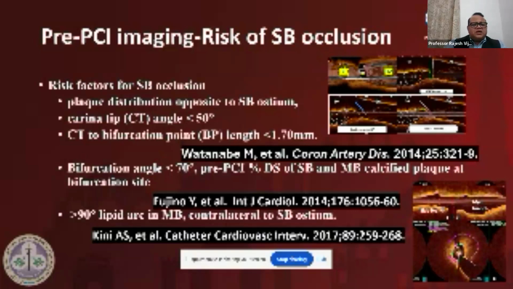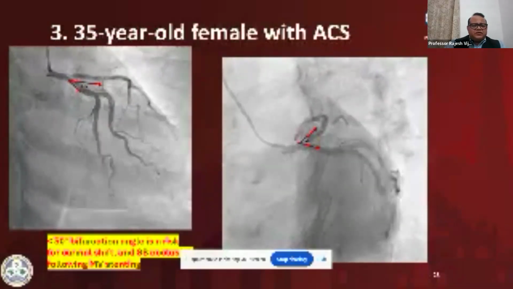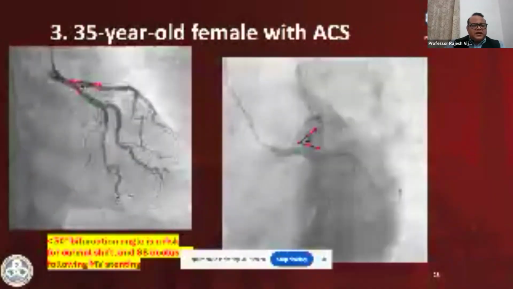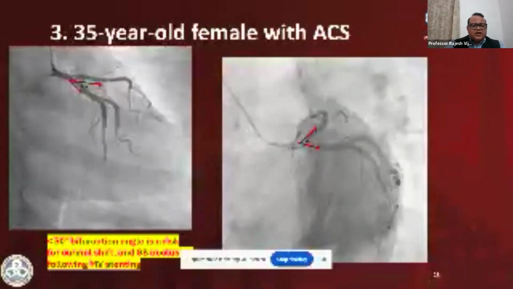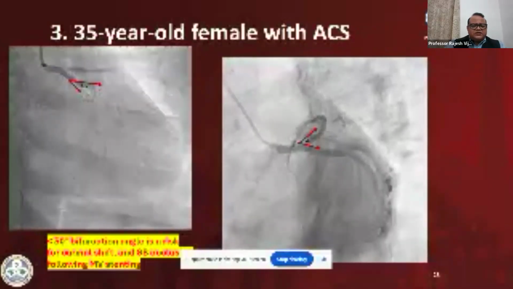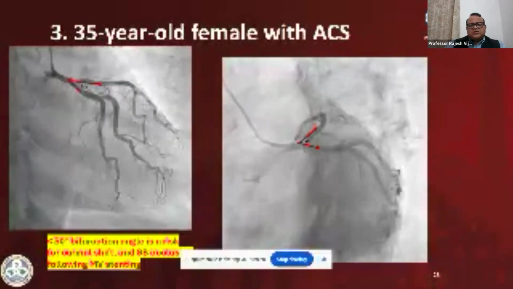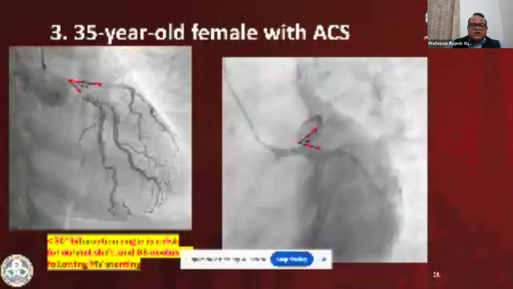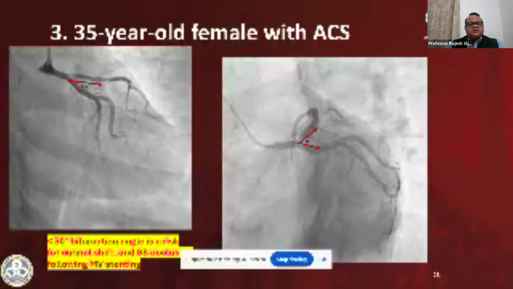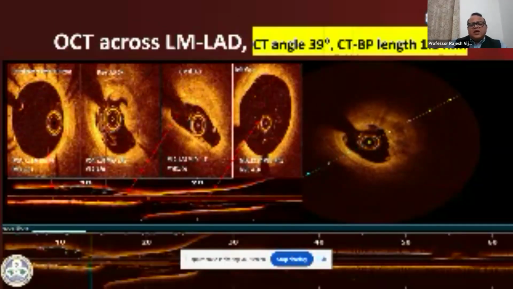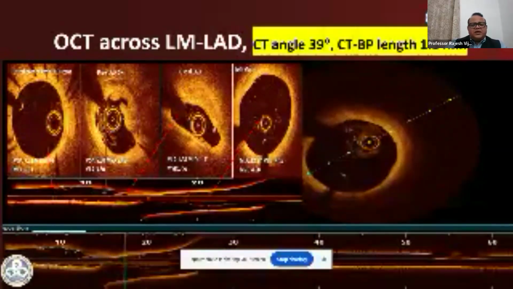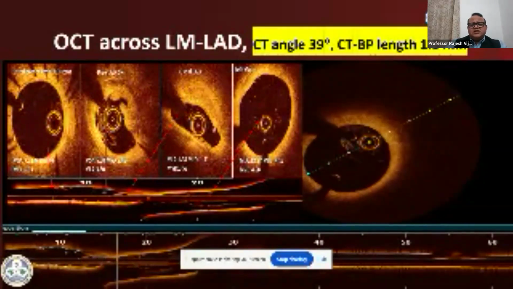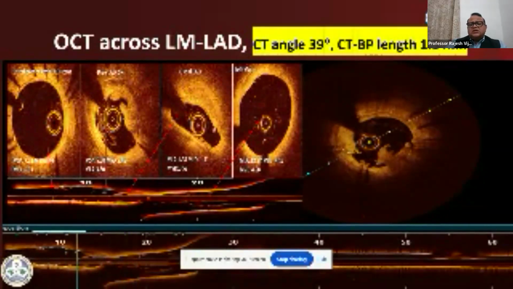So this particular lady, a 35-year-old young female with ACS and an ostial LAD lesion: if you see, the angle between the LAD and the LCx is 45 degrees, and an angiographic angle of less than 50 is the one which has the risk of side branch, that's the LCx, occlusion, and then we did pre-balloon dilatation. This is the OCT run across left main to LAD, and here you can very well appreciate the carinal tip angle is 39 and the carinal tip to bifurcation point length is 1 millimeter.